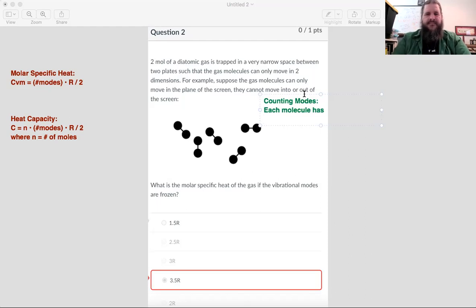Well, are there 3 kinetic energy ones? What kind of kinetic energy? 3 kinetic translational. Usually we would include 3 kinetic energy translational, but why is it usually 3? Like, why would we usually expect 3 translational modes per molecule?